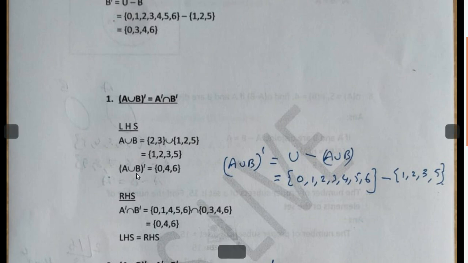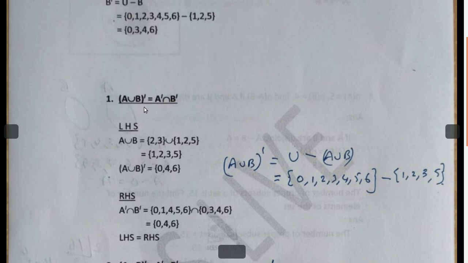Then what about A union B whole complement? That is U difference A union B. Complement is defined under the universal set. U is this one, A union B is this one. So eliminate 1, 2, 3, 5 from there, and we obtain 0, 4, 6. So A union B whole complement is equal to the set {0, 4, 6}.